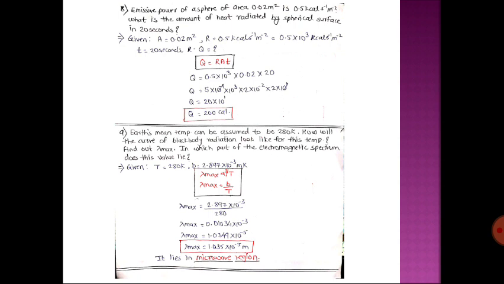Emissive power R is given as 0.5 kilocalorie per second per meter square. Let us convert it into calorie per second per meter square by multiplying by 10 to the power 3. Time is 20 seconds, and we are going to find Q.